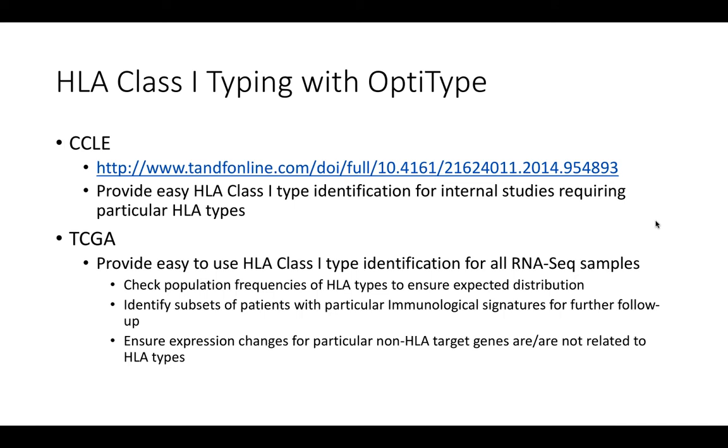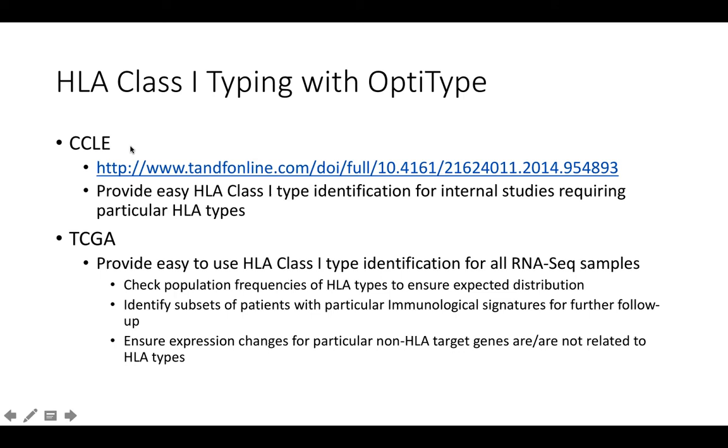We've had a number of requests from our users to use the Optitype, or there were a couple other algorithms that were suggested as well, for typing HLA class 1 or potentially class 2. But we started with class 1 because that's what Optitype supports for all of the samples in our lands.